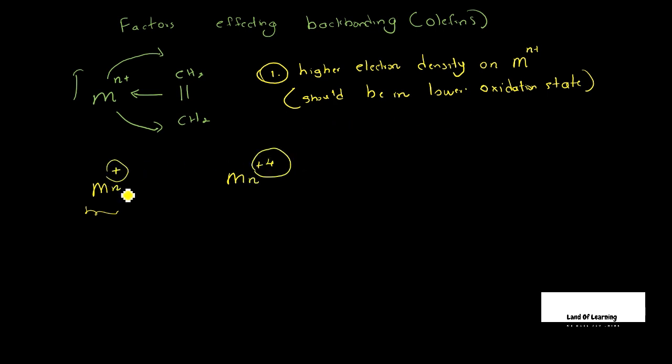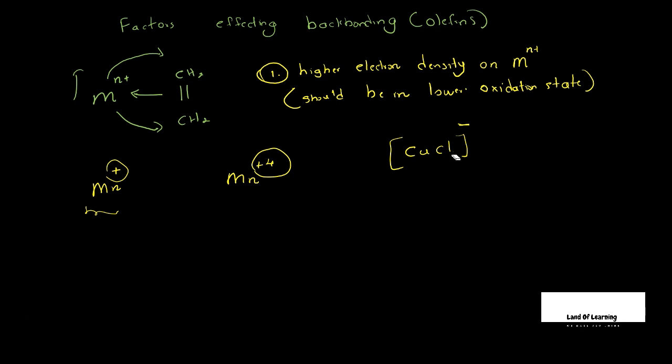If your complex is negatively charged, like this one, just an example, which means your metal center has high electron density, which is very good for the back bonding. So you need to have a good idea about that.